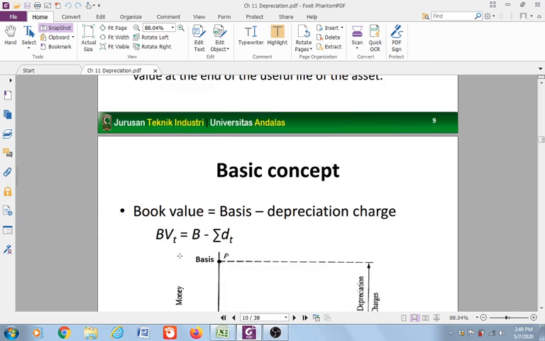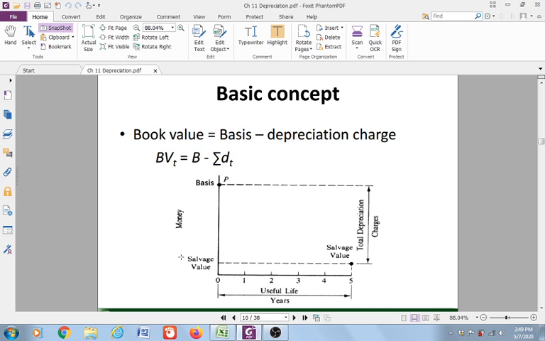We will learn three methods of depreciation: the straight line, the sum of years digit, and the declining balance depreciation. But for all those methods, the book value of an asset in year T is equal to the basis, or the initial cost, or the initial value of the asset, minus the cumulative depreciation charge.